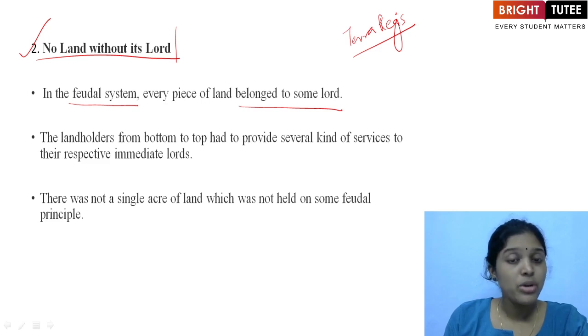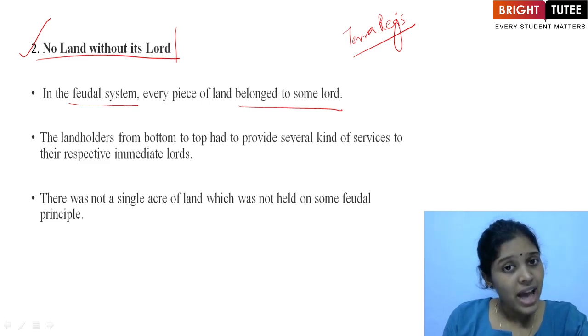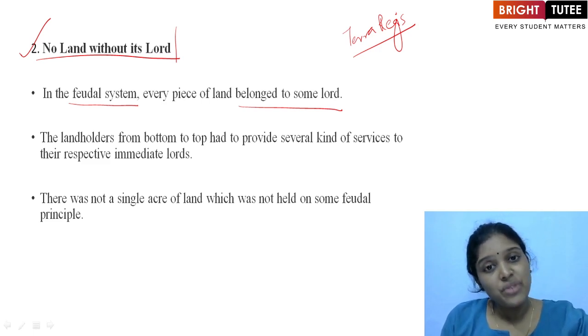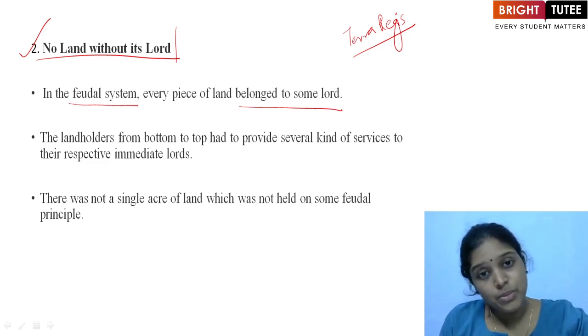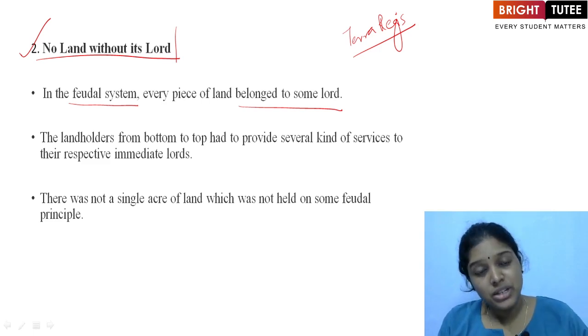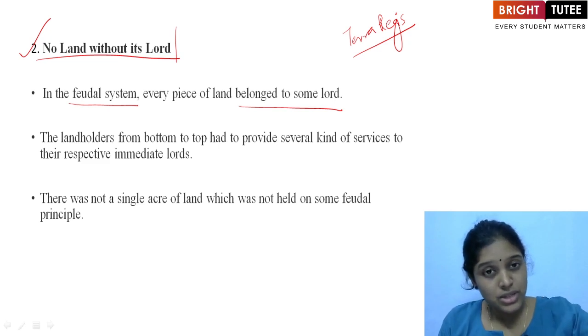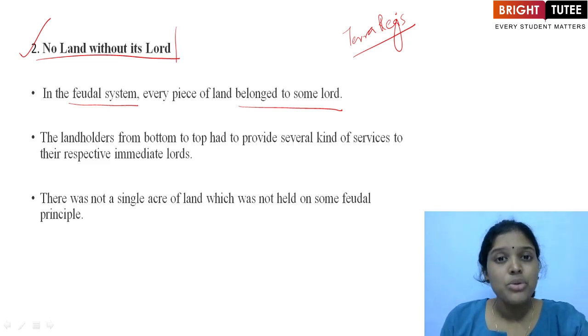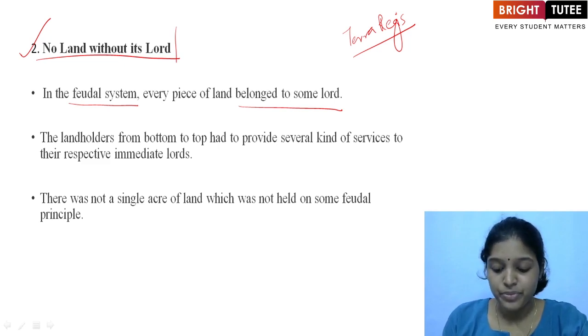The supreme authority is the king, and the king had handed it to the tenant in chief, and the tenant in chief then gave it to some other people, and those people then, on their convenience, had given it to some other sections. So it was very difficult to find a piece of land which was not owned by someone, or which was not held by or did not belong to a lord.